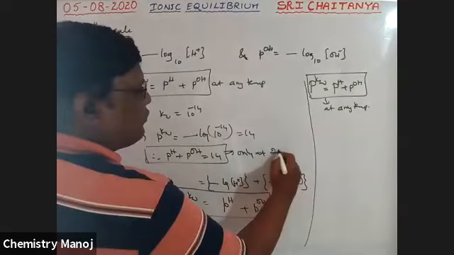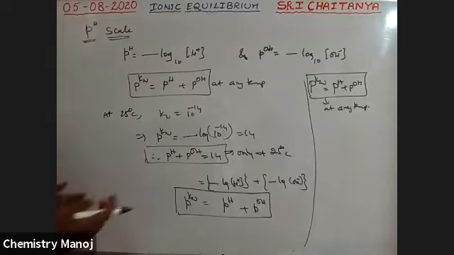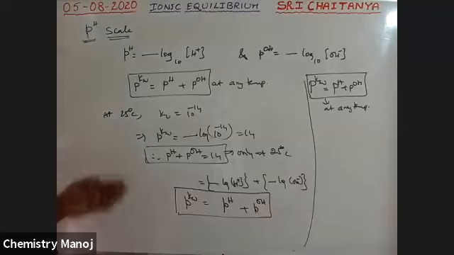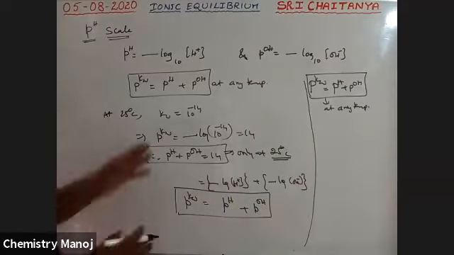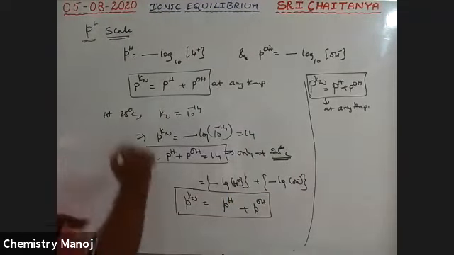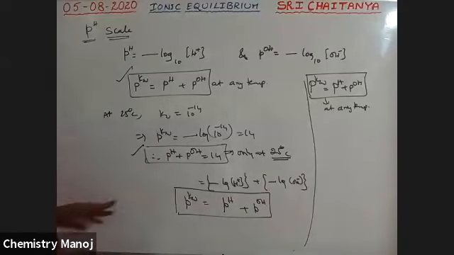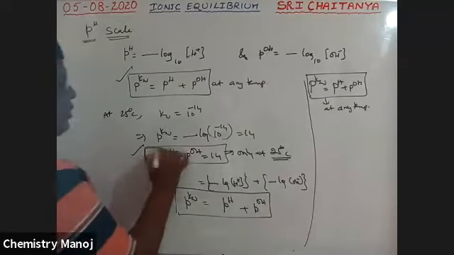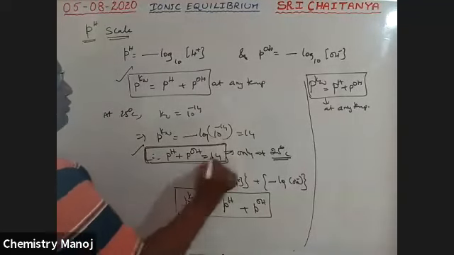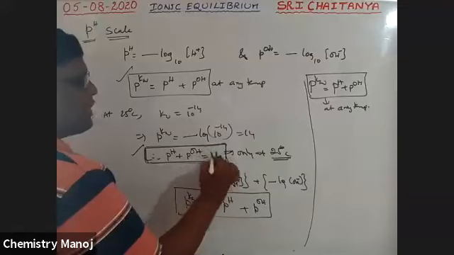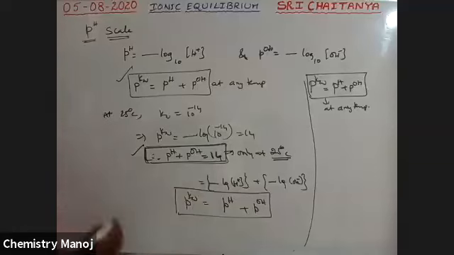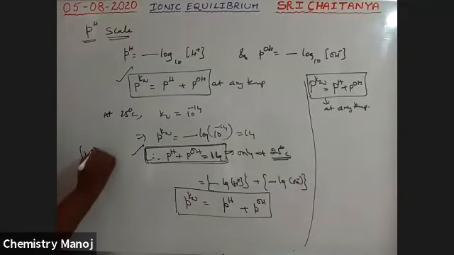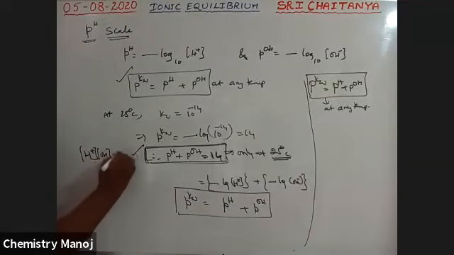Whenever the term 14 is involved, it is applicable only at 25 degrees centigrade. In the direct formulas there is no 14, so they hold at any temperature. Therefore pH plus pOH is equal to 14 only at 25 degrees centigrade, and also H plus concentration into OH minus ion concentration is equal to 10 power minus 14.